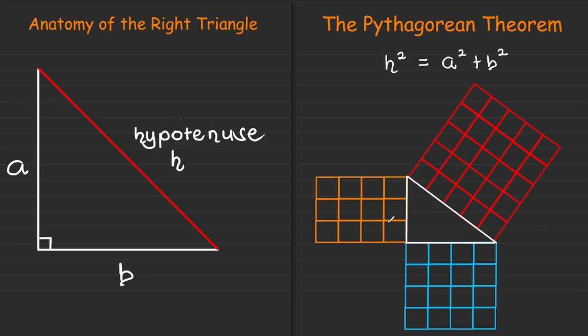For this side, that is the leg over here, we are representing it with squares. To illustrate this theorem geometrically, this is the triangle I have drawn, the white one. And what I've done is I have drawn a square. For this side, we have 1, 2, and then 3.